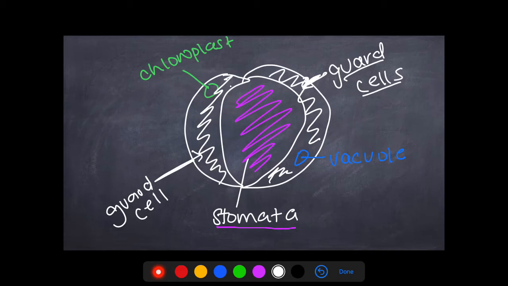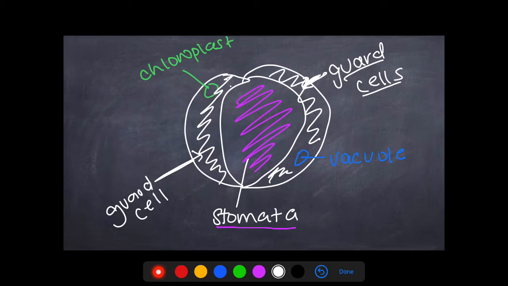So for example, if you have a plant in a very dry environment, that means the sun is probably scorching hot. That means the plant is more likely to wither away because the sun is going to beat down on the plant, and evaporation can cause the plant to be drained of its water.